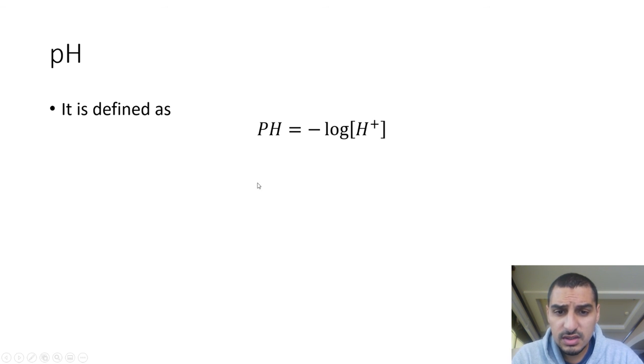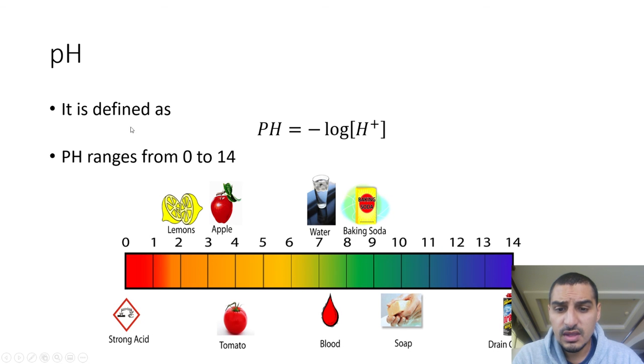To get the power, we take the negative log of the concentration, so you get a positive number that ranges from 0 to 14. As we see, 0 is the maximum concentration of H plus ions, because we have the negative log here, and 14 is the minimum concentration of H plus ions.